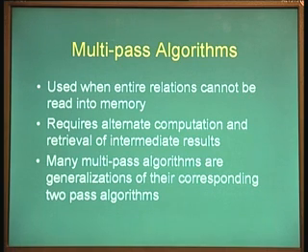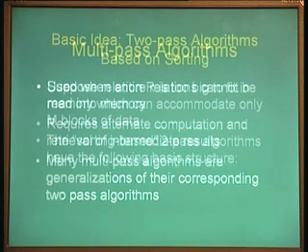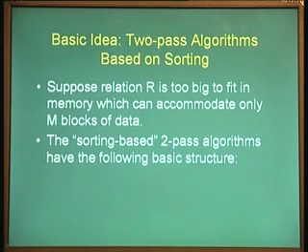That is an alternation between computation and intermediate result generation and retrieval of intermediate results. We are going to be looking at three different paradigms or strategies of two-pass algorithms: sorting based, hashing based, and index based two-pass algorithms.